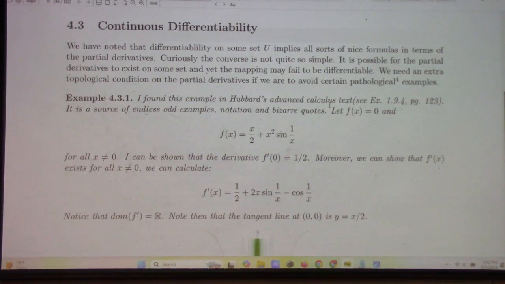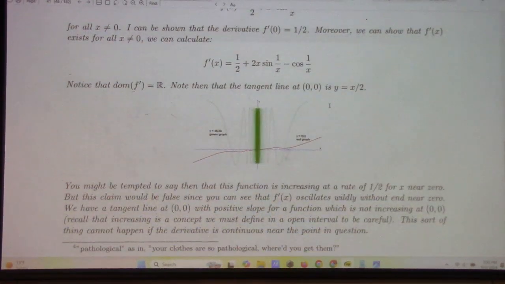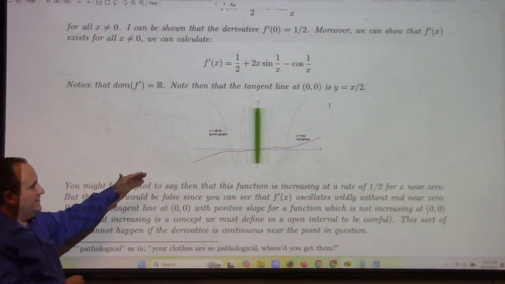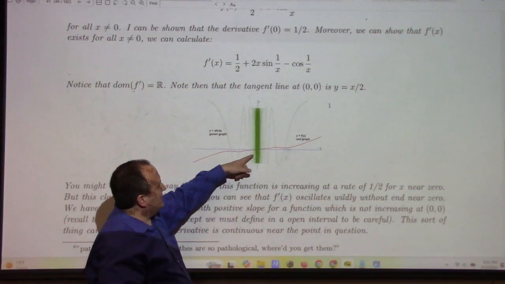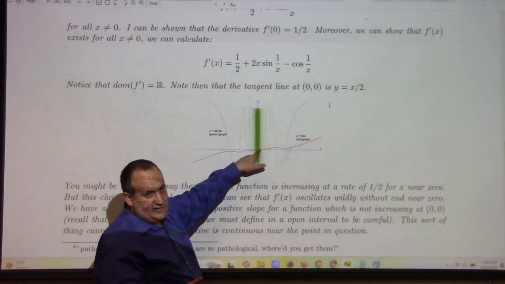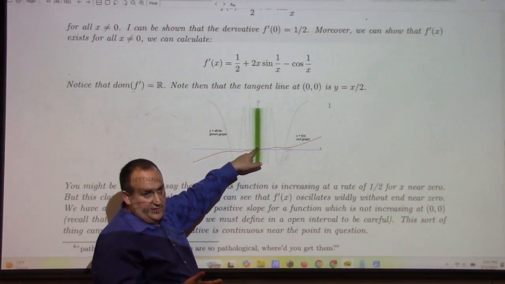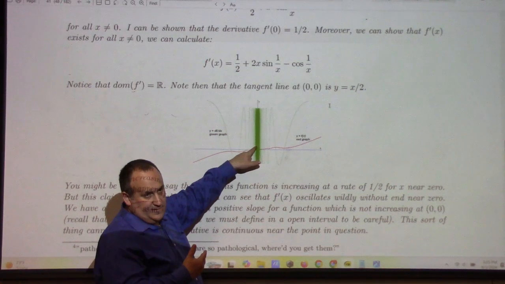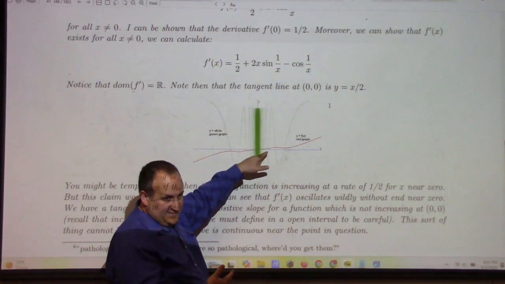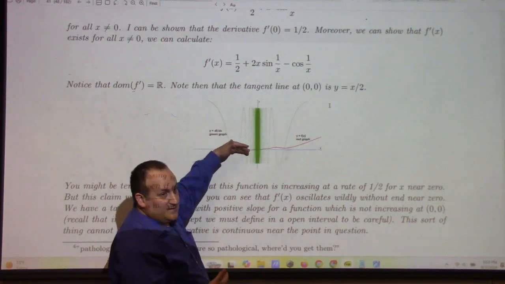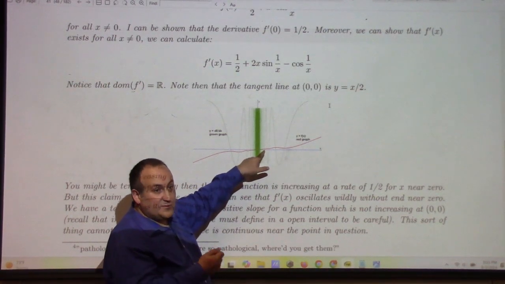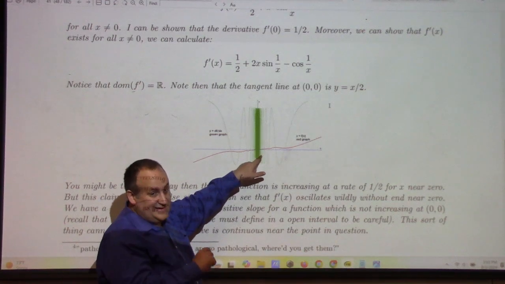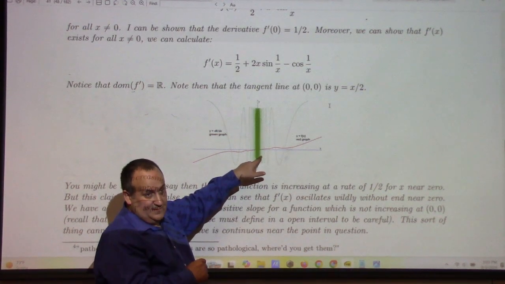Anyway, so down here is this dreadful function. What you're looking at, the red line, is the graph of the function, okay? It is constructed such that the derivative at 0 exists and it's equal to a half, as it turns out. But the derivative function is graphed in green. So the derivative function, while it exists at 0 and is equal to a half, is not continuous at 0.